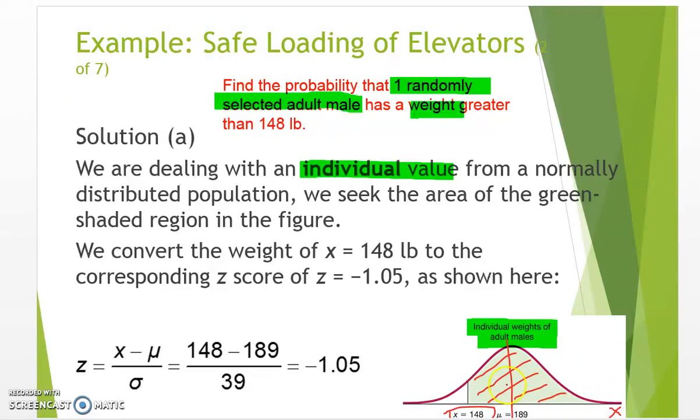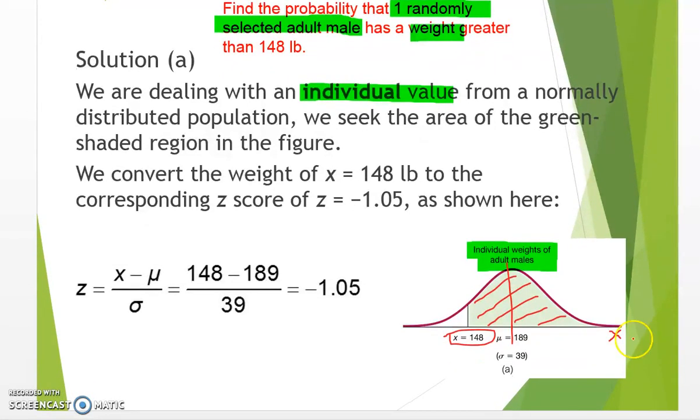So this is related to what we did in the last section. Let me scroll down a little bit. We can convert this x to z, right? Because each x corresponds to a z. Over here, for mu equals 189, the z-score will be 0. For x equals 148, you would have a corresponding z-score.